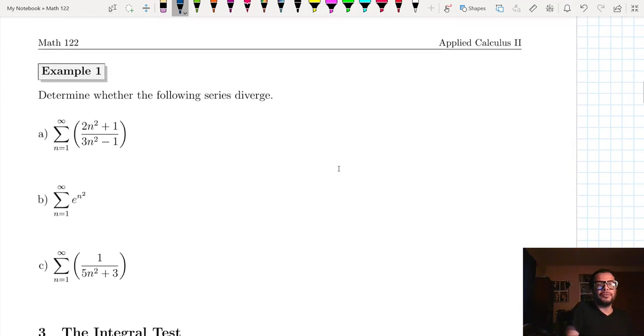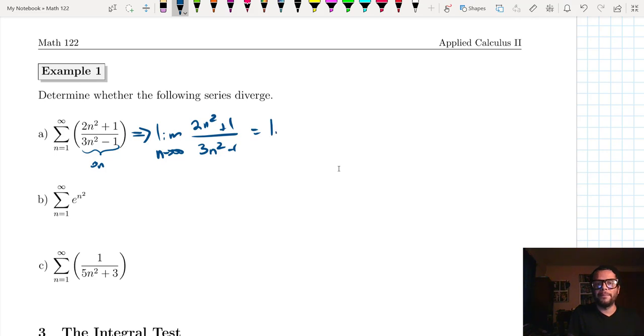So let's look at a couple of examples here. We have this to be our a sub n. So we take the limit of a sub n, that is (2n squared plus 1) divided by (3n squared minus 1) as n approaches infinity. What are we going to do?